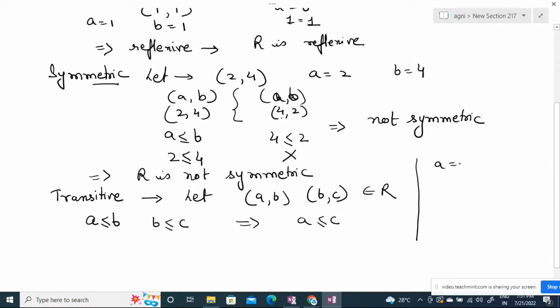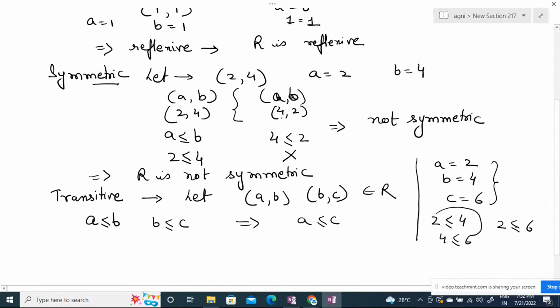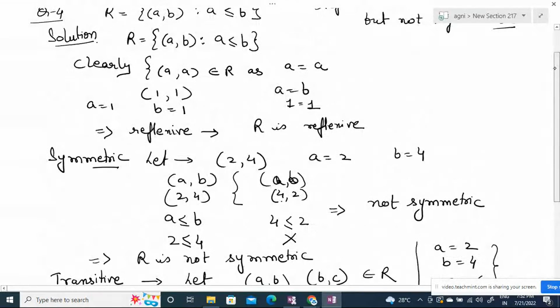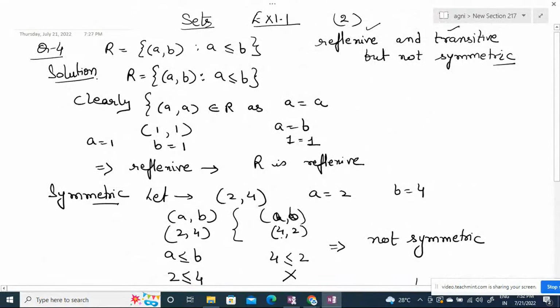If we take a is equal to 2, b is equal to 4, and c is equal to 6, then 2 is less than equal to 4 and 4 is less than equal to 6, and 2 is less than equal to 6. So it satisfies this condition, so this relation is transitive. From the above conclusions, we can say that this relationship is of reflexive nature, it is of transitive nature, but it is not symmetric.